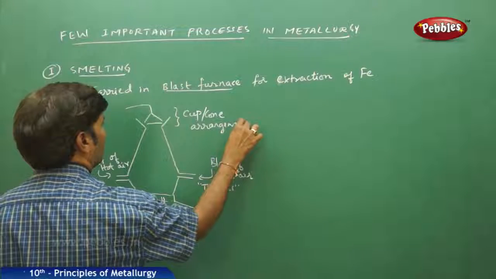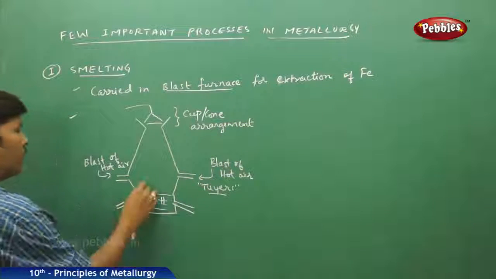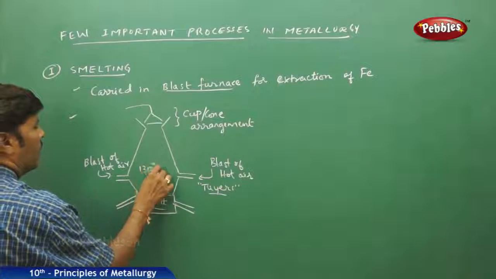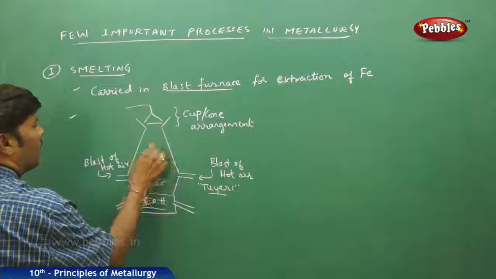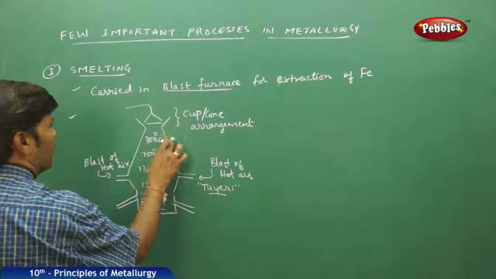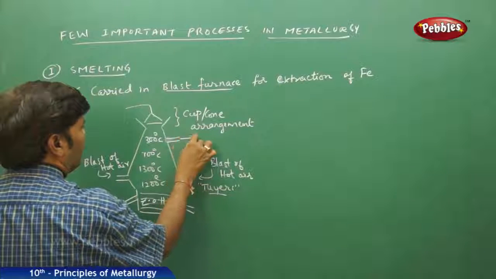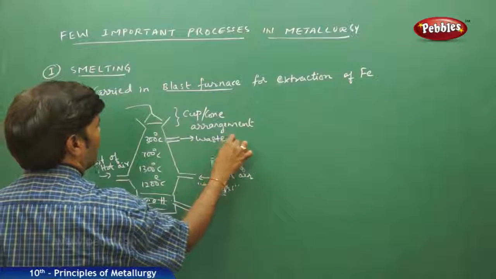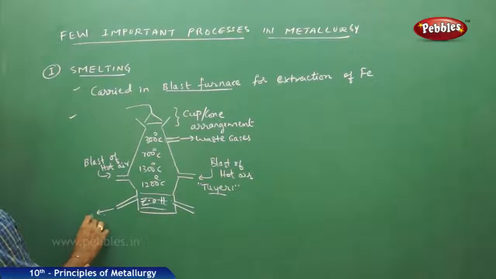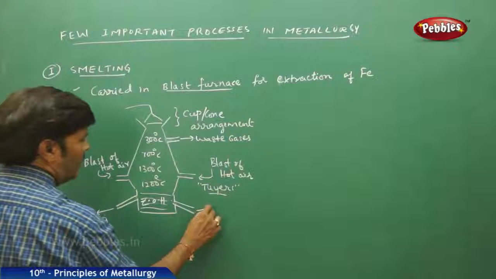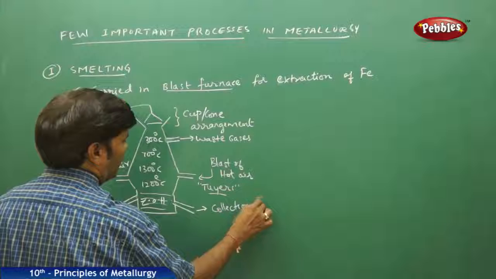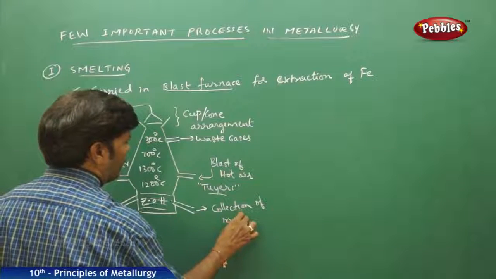Cup and cone arrangement, and here the temperature begins with 1200 degrees centigrade, then 1300 degrees centigrade, 700 degrees centigrade, and 300 degrees centigrade. So here we can see a small outlet, an escape for waste gases, that is removal of slag and collection of molten metal.